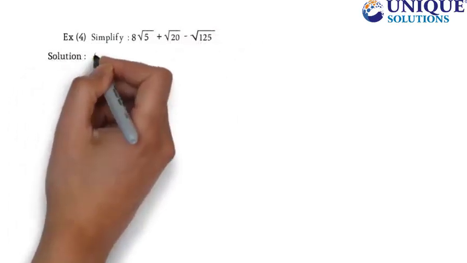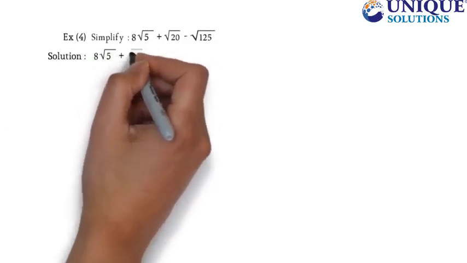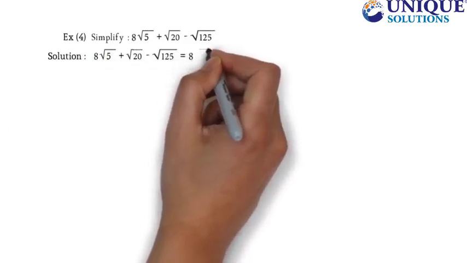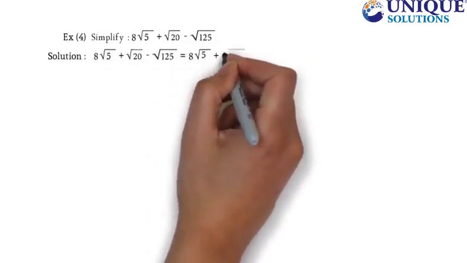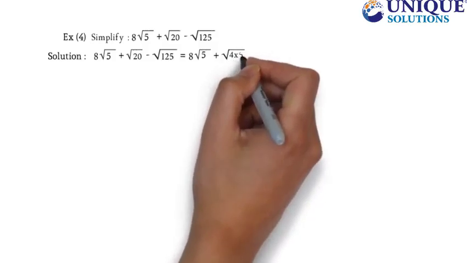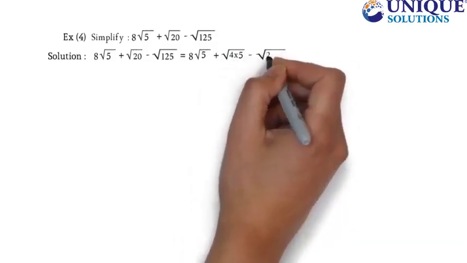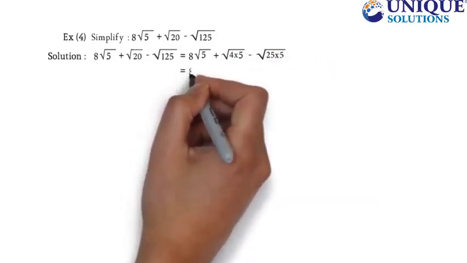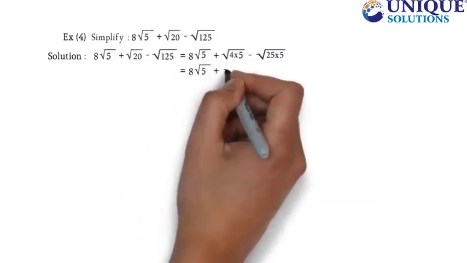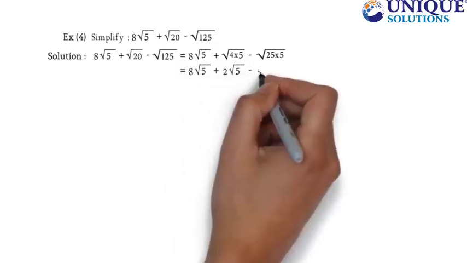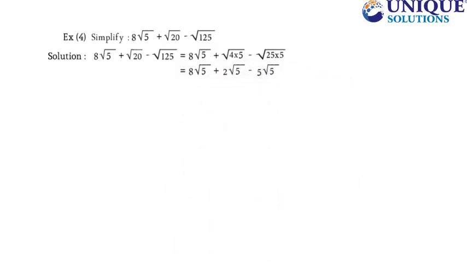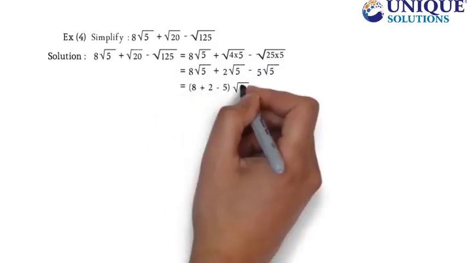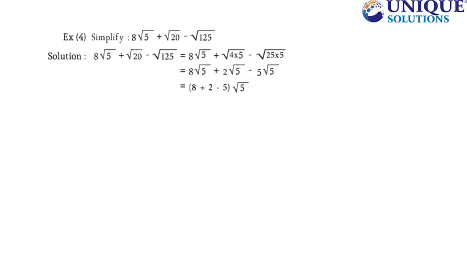Solution: this is equal to 8 square root of 5 plus square root of 4 multiplied by 5 minus square root of 25 multiplied by 5, which is equal to 8 square root of 5 plus 2 square root of 5 minus 5 square root of 5, which is equal to 8 plus 2 minus 5 square root of 5, which is equal to 5 square root of 5.